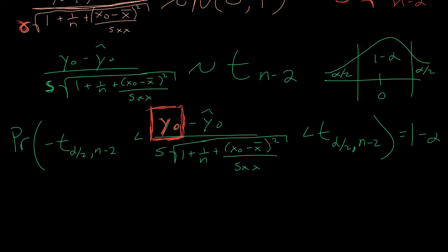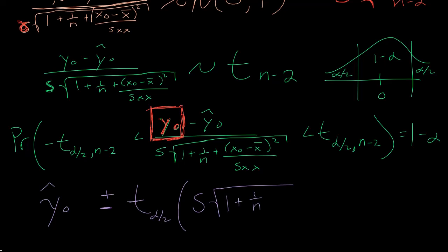My prediction interval would be y naught hat plus or minus t alpha divided by 2 times s times the square root of 1 plus 1 over n plus x naught minus x bar squared divided by Sxx.